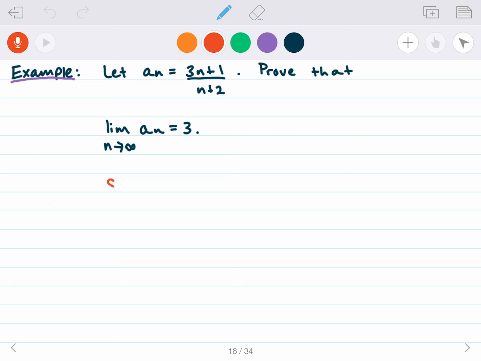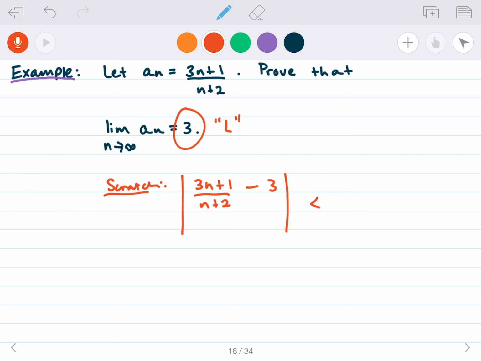Alright, so here's the scratch work. So we want to start where we want to end and end where we start. So we want to do the sequence, which is 3n plus 1 over n plus 2 in our case. Subtract off the limit, which we're claiming is 3, is my L. And we want to show that this is less than epsilon. So this is just scratch work.